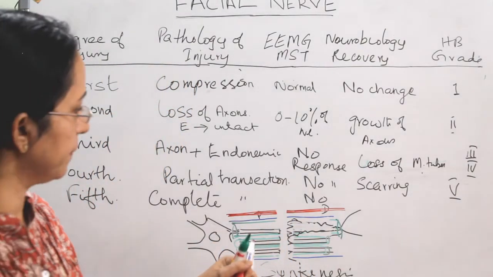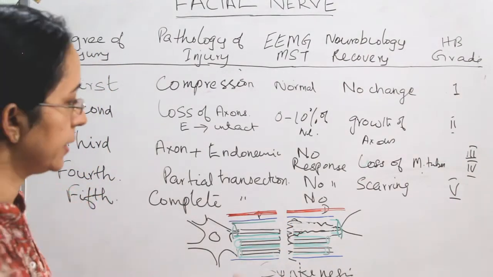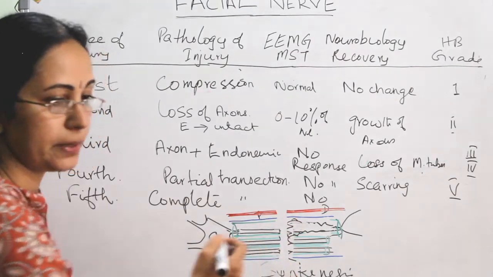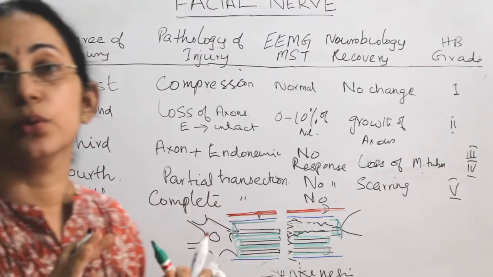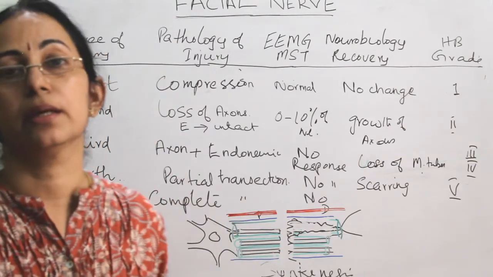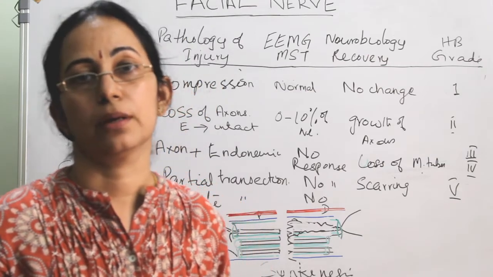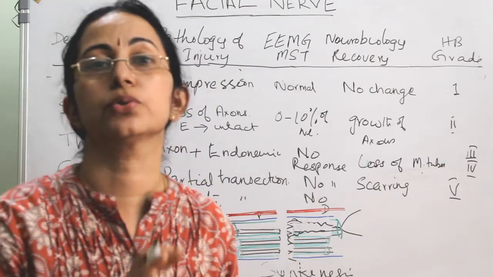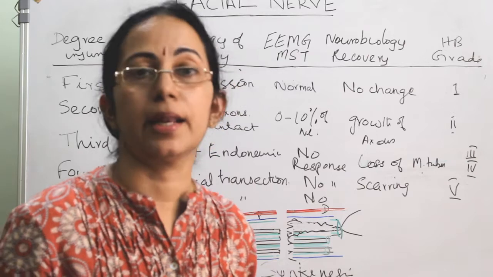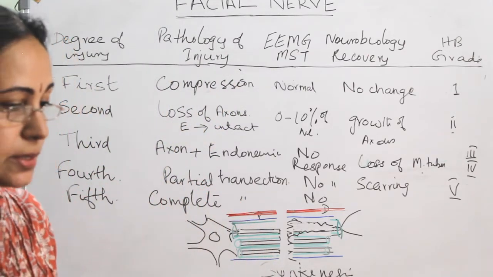In this case, there is complete disruption and a scar-filled gap. So there will be no regrowth of axons, and also there won't be any reanastomosis of the neuromuscular junction, right?